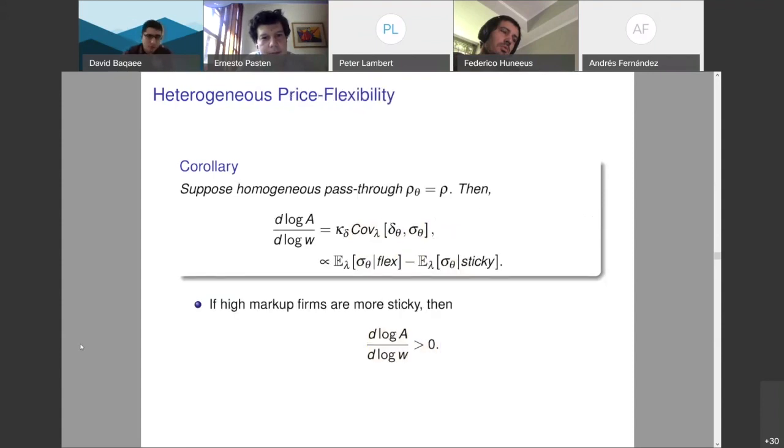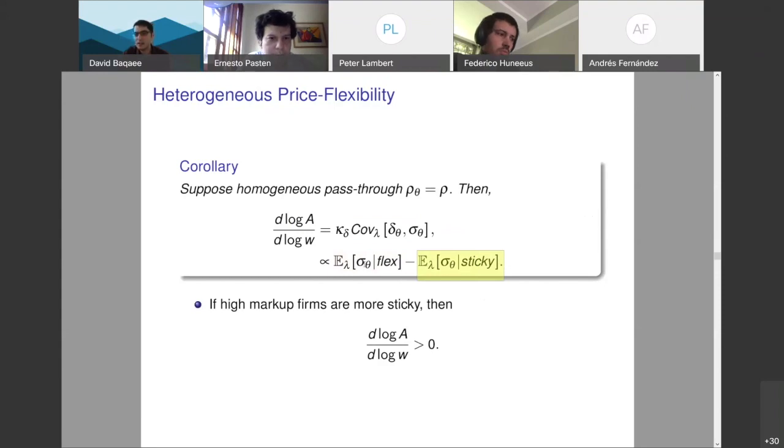The second mechanism is, suppose that you have homogeneous pass-throughs, but you have heterogeneity in the Calvo parameter. Well, in that case, if the covariance is positive, again, you're going to get an improvement in productivity. In this case, you can rewrite this covariance as the expectation of the price elasticity of the flex guys minus the expectation of the price elasticity of the sticky guys.